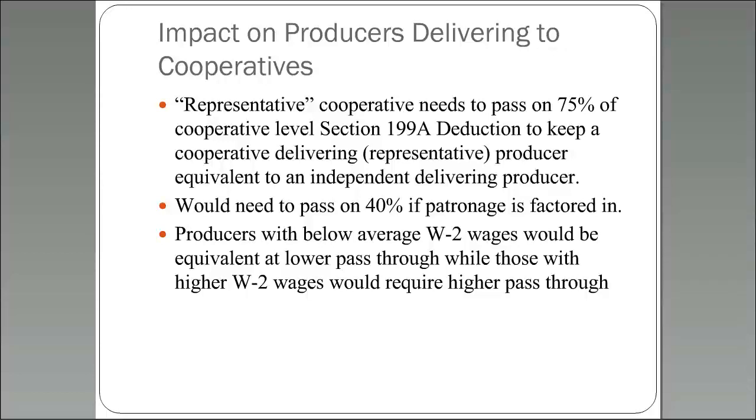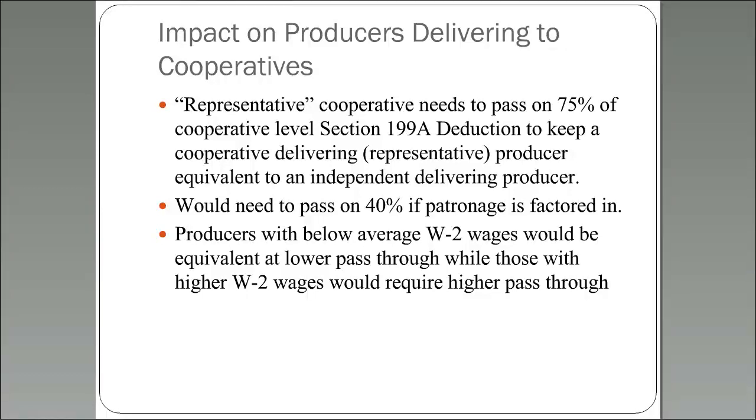So what does that mean if you deliver to a cooperative? Well, the cooperative is going to need to pass through about 3/4 of their deduction to keep you equivalent. And that's not thinking about the patronage. If you consider the patronage, it's only about 40%, so the co-op could pass on 40%, and then after patronage you'd be level.